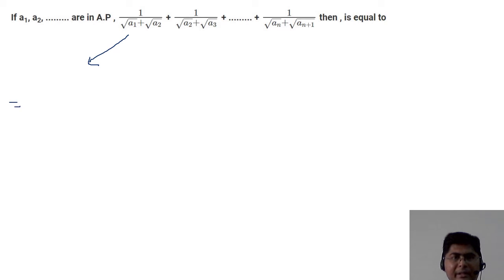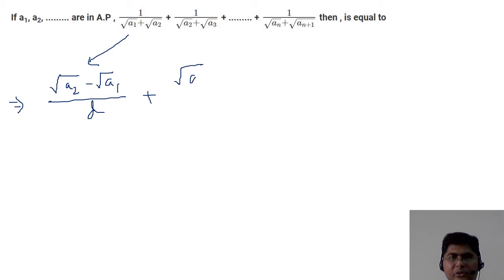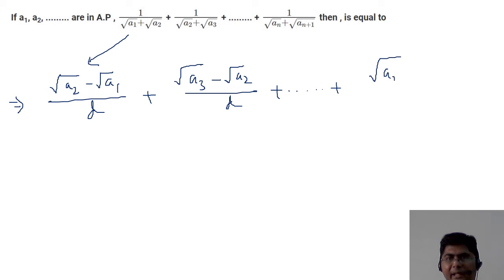Now this can be written as root over a2 minus root over a1 divided by d. Then this will be looked as root over a3 minus root over a2 divided by d. So plus dot dot dot plus what we can see, root over a n plus 1 minus root over a n divided by d.